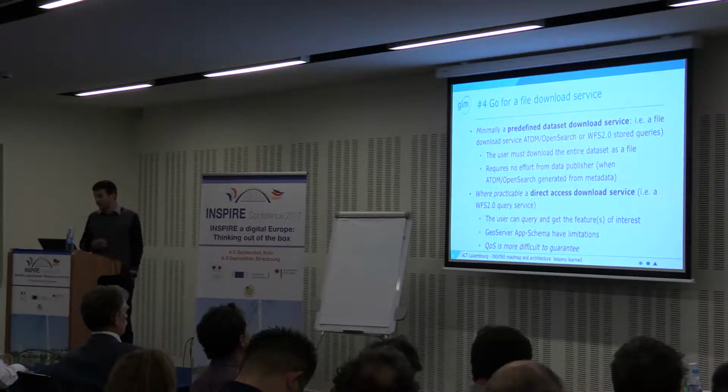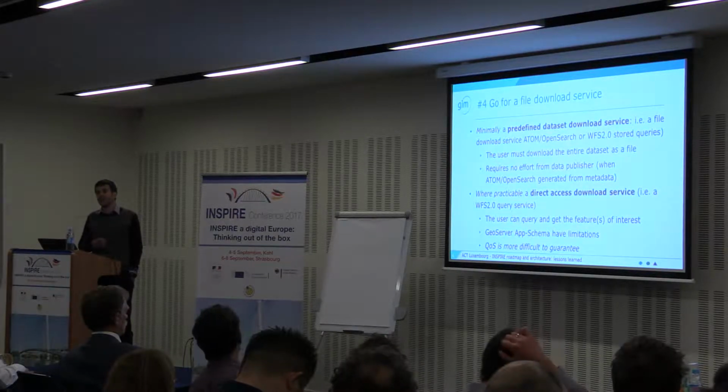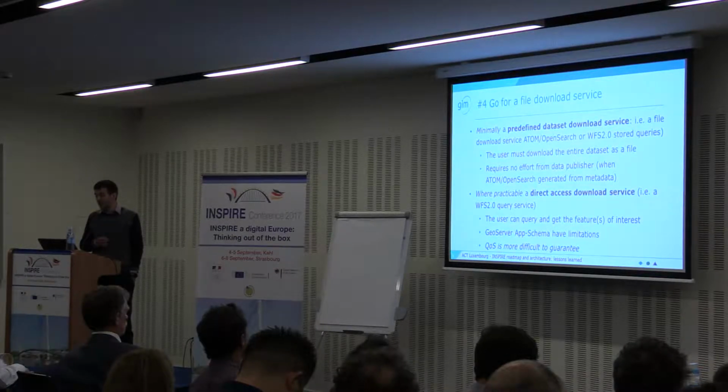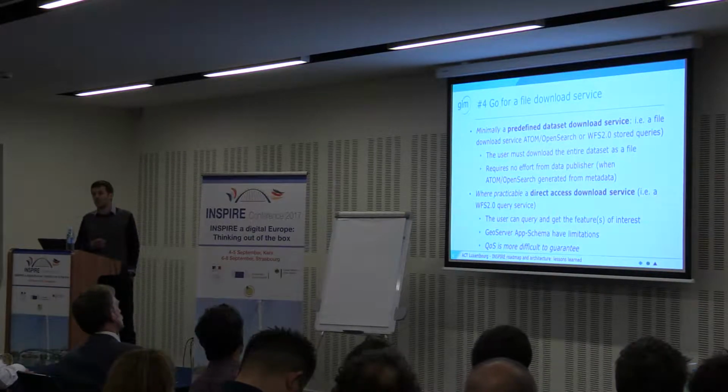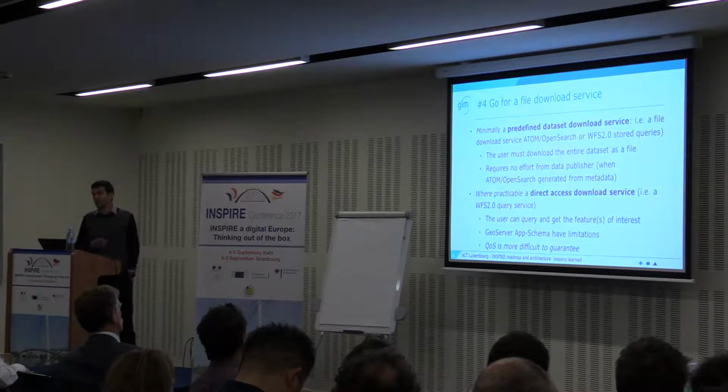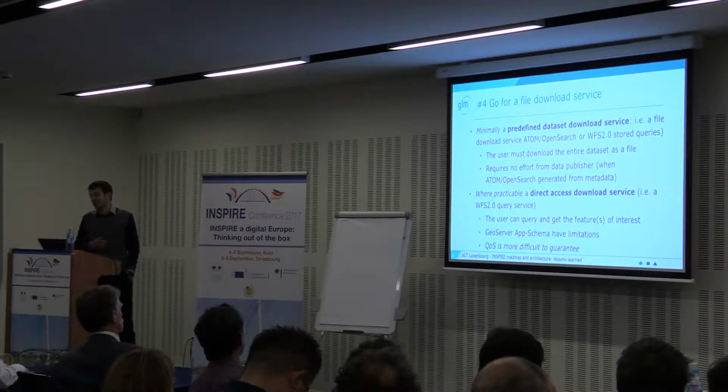That's different with a direct access download service, where the user can really query and filter the features that are required. But Inspire only mandates that you have a file download service, so a direct access download service is optional in our interpretation. So a choice was made, in the beginning at least, not to provide this direct access download service, for simplicity.